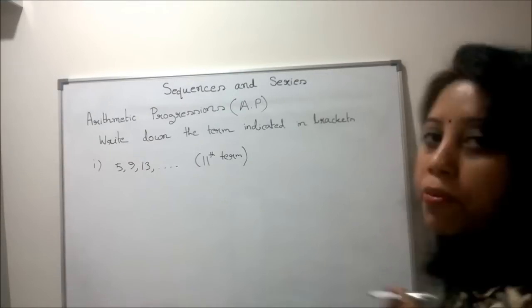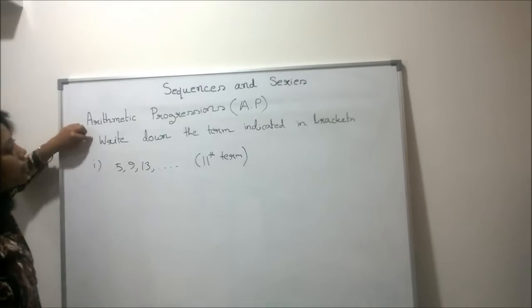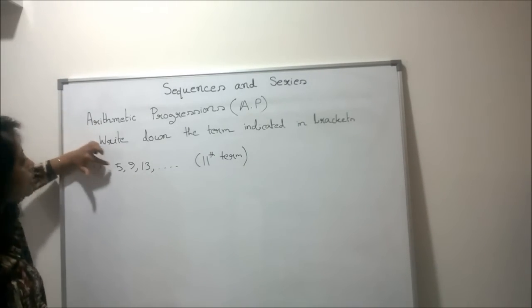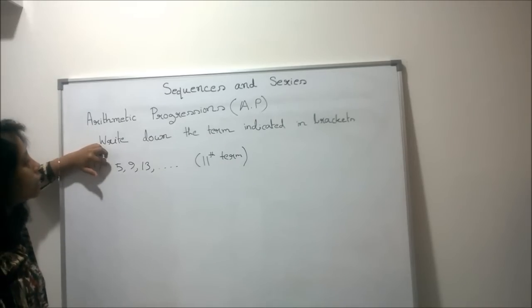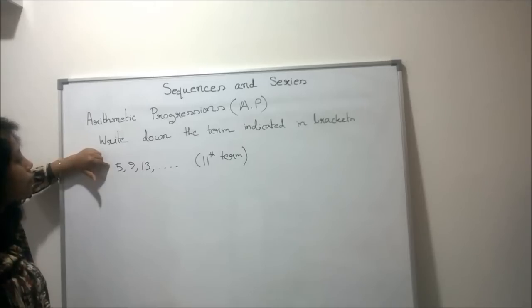Okay, let's face some problems here. The first one says: write down the term indicated in brackets. Here a sequence is given, and we can say that this is an arithmetic progression. Why? Look at this.